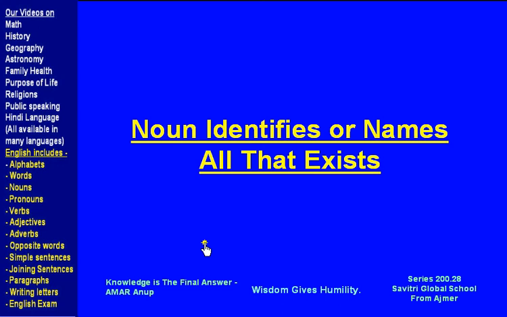To summarize, noun identifies or names all that exists. See, it's such a simple definition. Everything, whether you can touch it or see it or not, everything that exists is a noun.